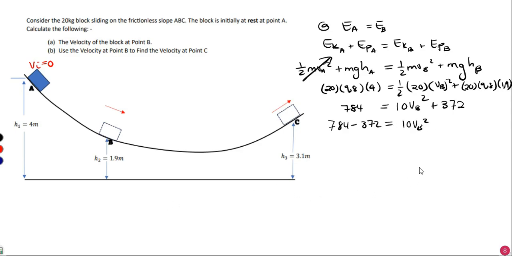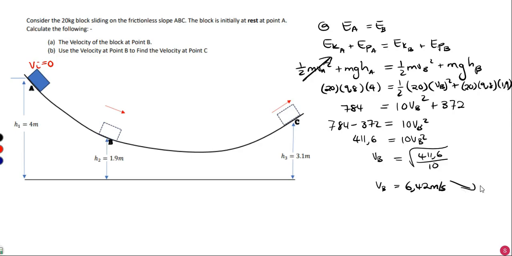And this gives us 411.6, which equals 10 v_B squared. Therefore, the velocity at B is just going to be the square root of 411.6 divided by 10. So that has to be 6.42. So v_B equals 6.42 meters per second in that direction, right?